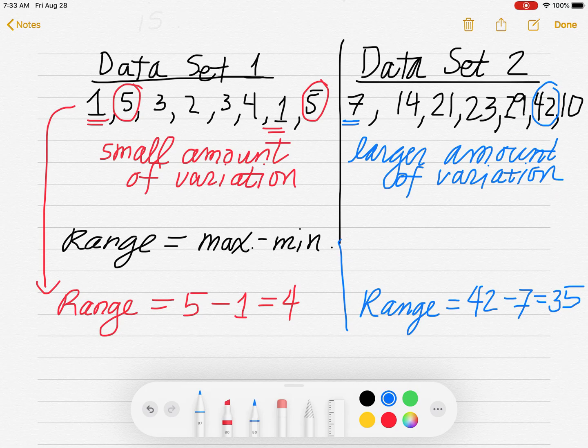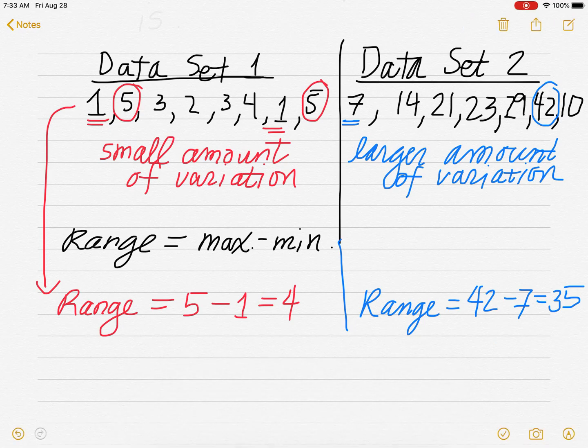But range just takes into account two values, right? The largest and the smallest. It doesn't account for all the numbers in between. So we want a better measure than just looking at the largest and the smallest number. We want some type of measure that takes into account every single number, to see how far away they are from each other.